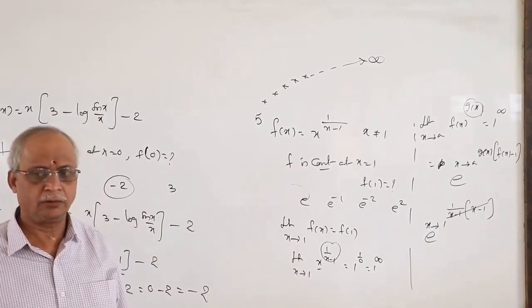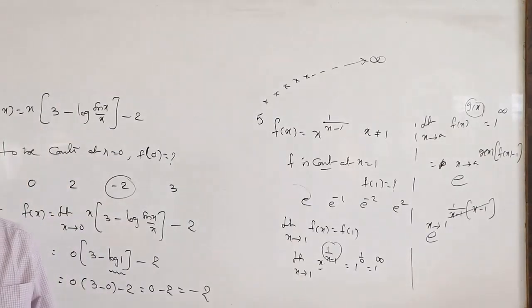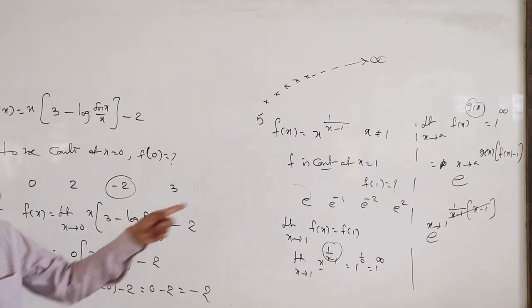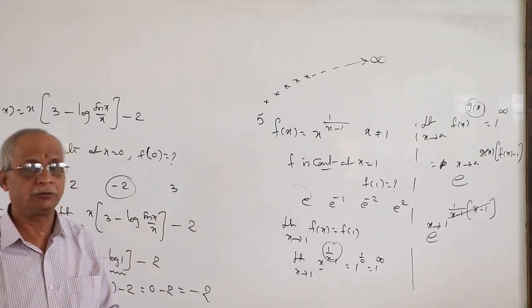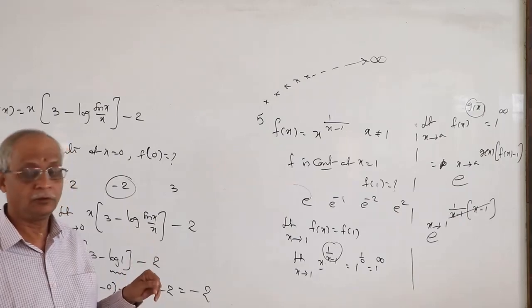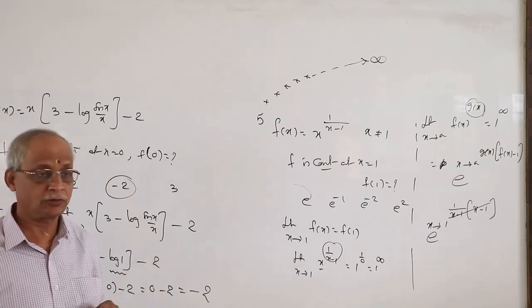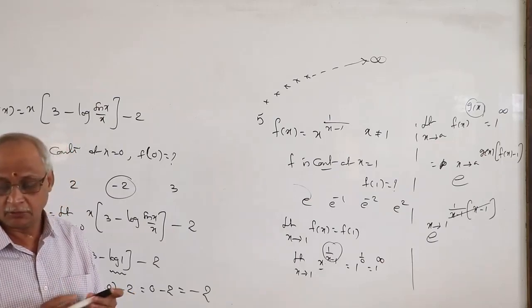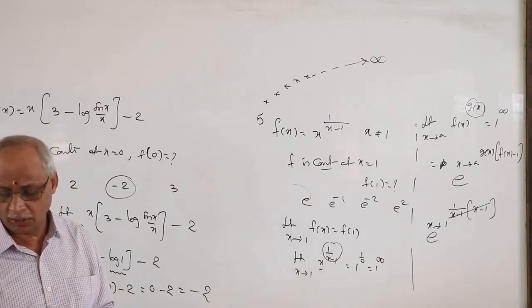This type of ideas, problems, methods, formulas, and everything, you must be ready. Like this it happens throughout calculus. So many powerful results we are writing, which are not printed in some textbooks. If you are getting them, that is your advantage, you have the benefit. So slowly we are doing.